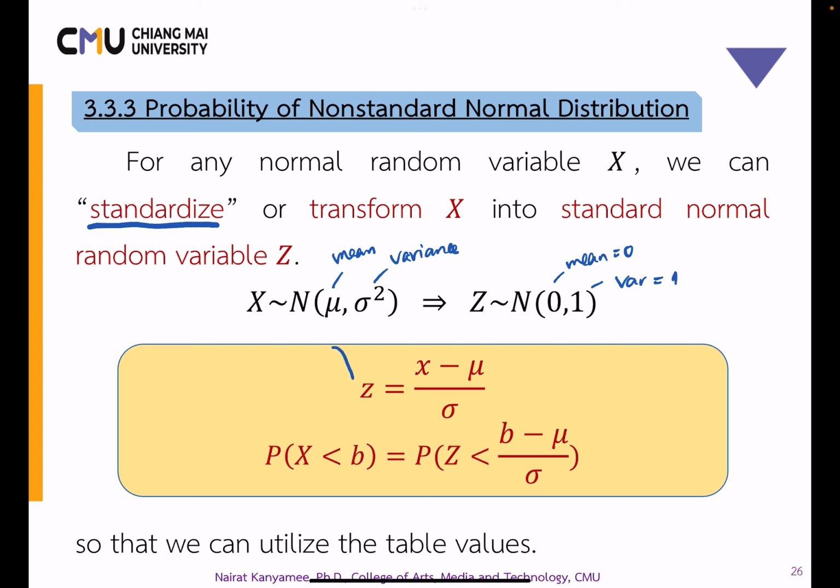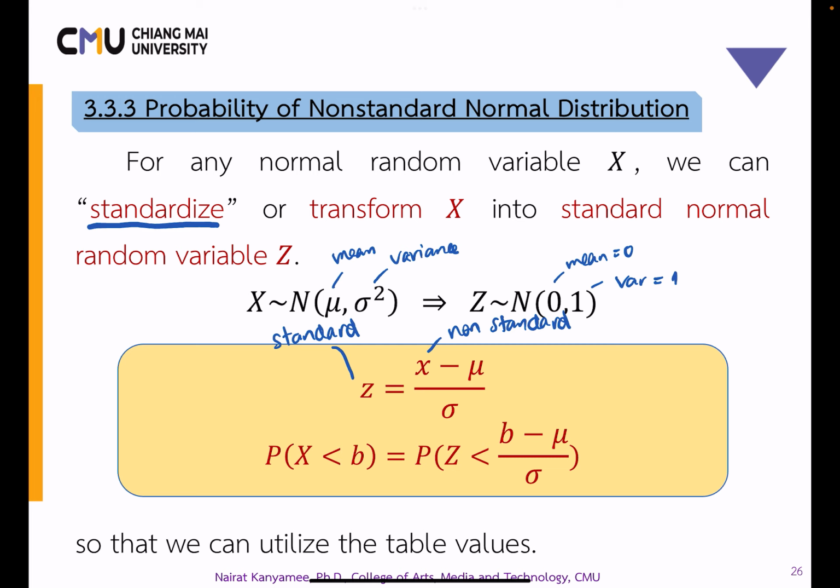Z is the standard normal random variable, and X is the non-standard one. So you can change from non-standard to standard and use the table to find the probability. The first step is to convert it to the standard form, and then you can use the same table that we used before.